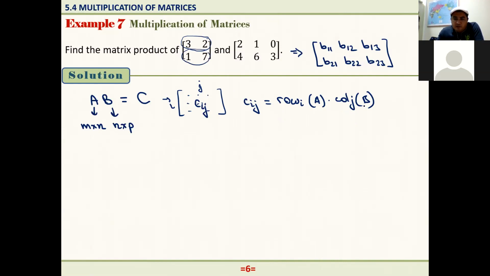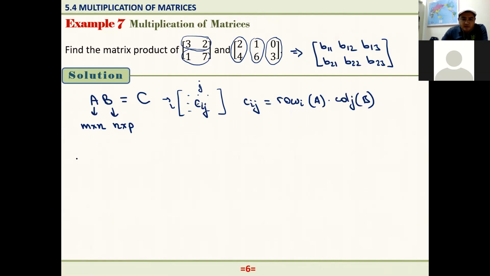Column J of B: if J equals 1, we are talking about the first column of matrix B; if J equals 2, the second column of B, or the third column of B. So to get the IJ entry, we simply multiply the I-th row of A by the J-th column of B.